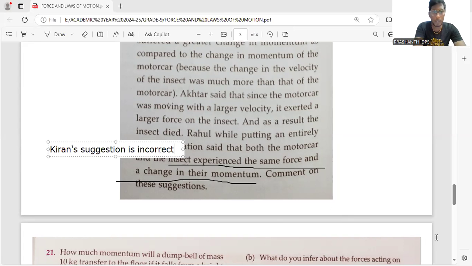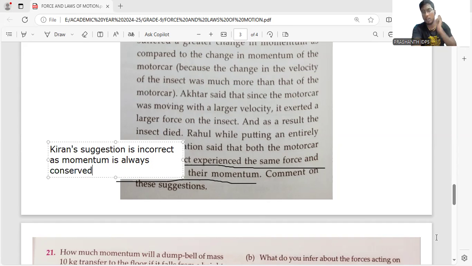Why? Because momentum is always conserved. What does it mean? Momentum before and after will be the same, right? The momentum before and after is always constant. So this is the meaning.